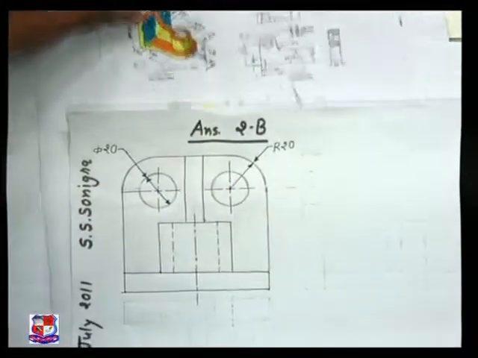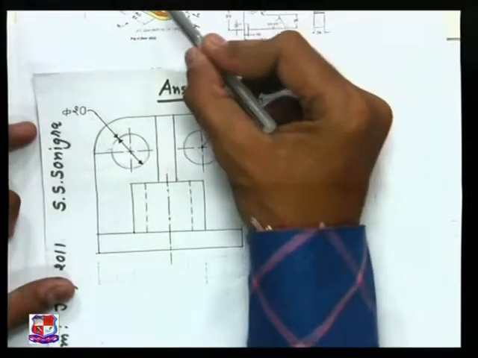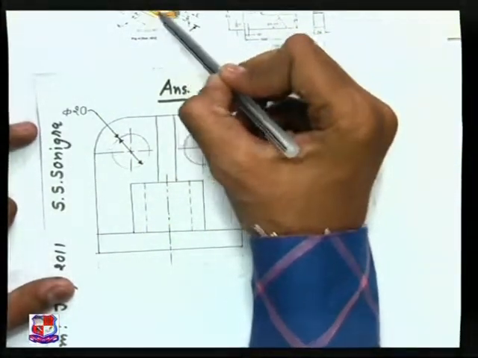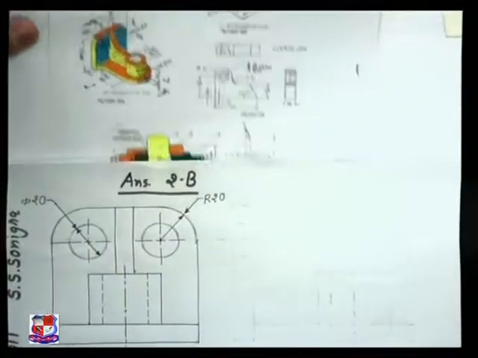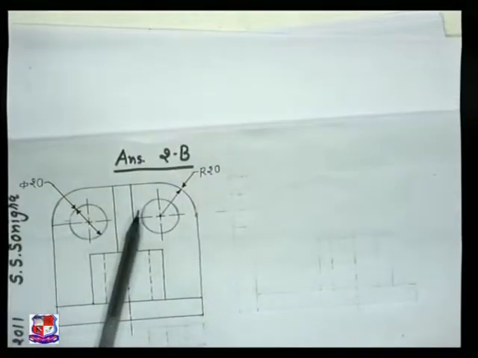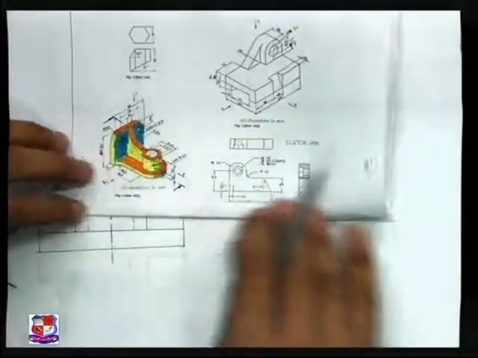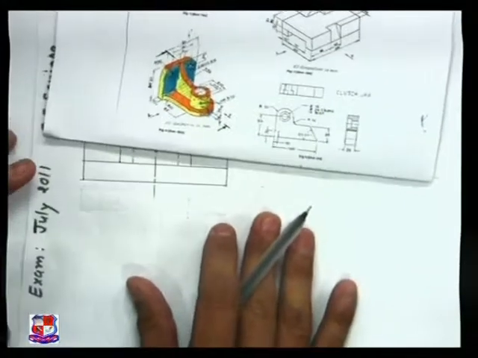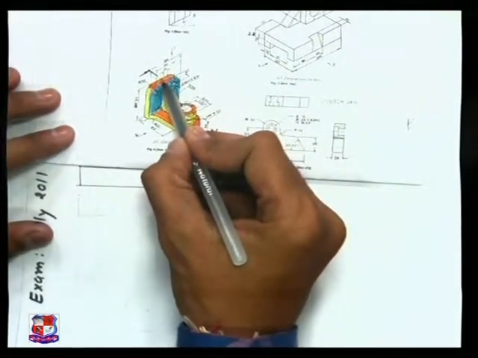Now think about top view. If you look from the top side, this orange color portion would appear. So how to draw that orange colored portion? For that, let me think about the object in top view. This strip will appear as a rectangle like this.